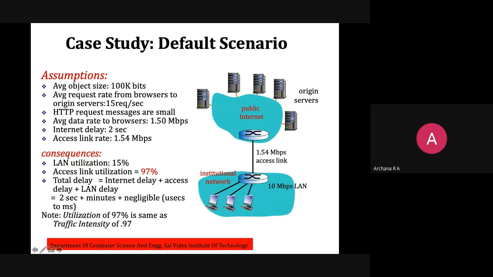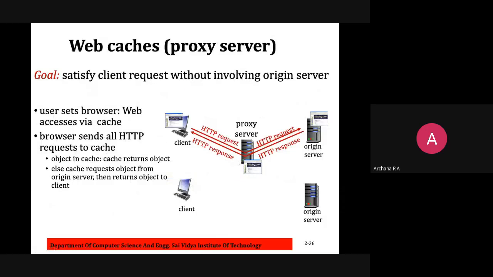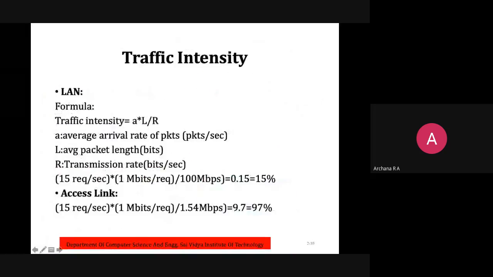The internet delay they have already given, meaning between the router and the internet that you want to access. It is about 2 seconds. With respect to the access delay, it is given by 9.7. See here, this is the access link delay due to the traffic intensity.